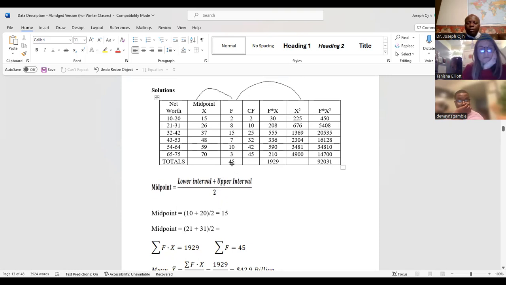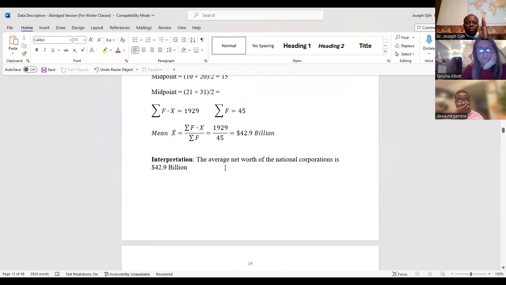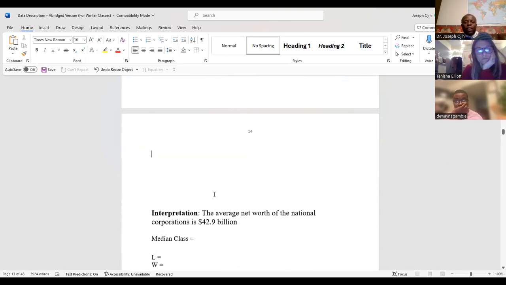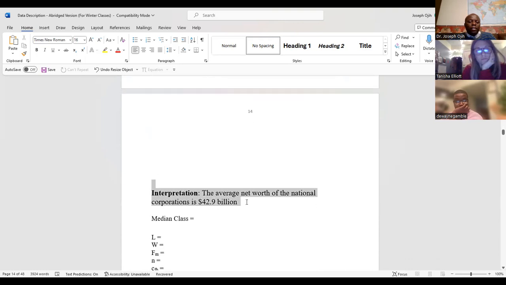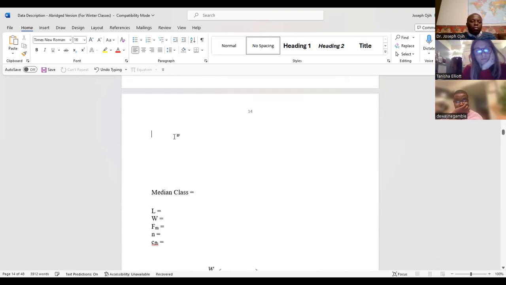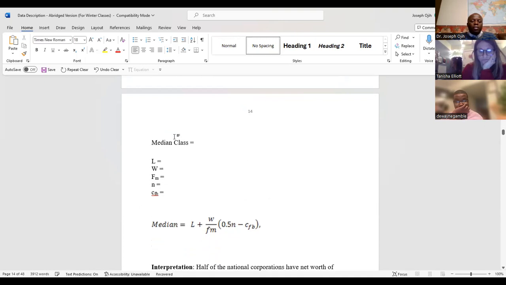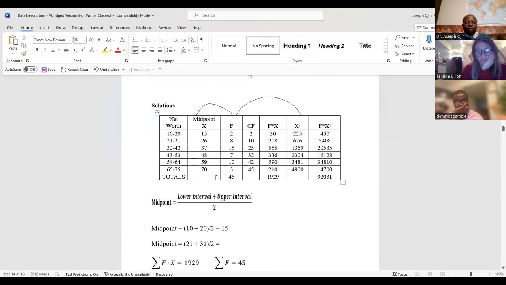To estimate the number in the middle, we need to find the median class first of all. Remember our total is 45.